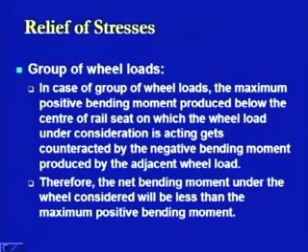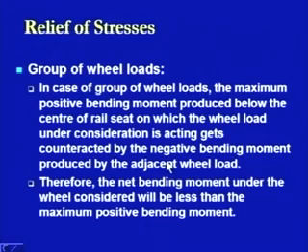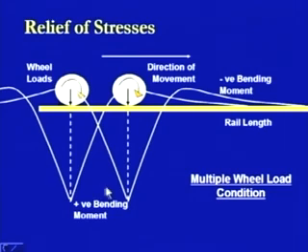As we have seen in the previous case, if a wheel comes at this location, there will obviously be a positive bending moment created at this location, but its influence area will go something like this, and because of this influence area there is going to be a relief of stress. Therefore, the net bending moment under the wheel considered will be less than the maximum positive bending moment, and this is what we can see in this diagram.